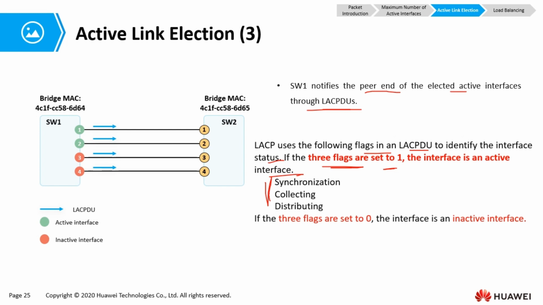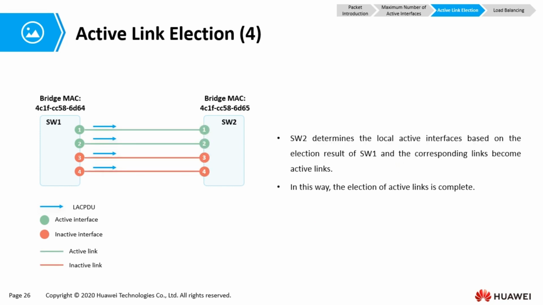If they are set to 0, that means they are inactive. After that, switch 2 will determine its local active interfaces also based on the election result of switch 1, so the corresponding 1 and 2 will become the active links. This is how the election of the active link is completed on both switch 1 and switch 2.